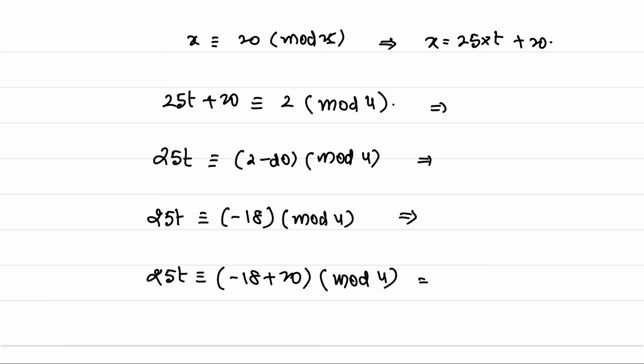That is equivalent to 2 mod 4. It shows 25t is equivalent to 2 mod 4. That is one equation we have got.